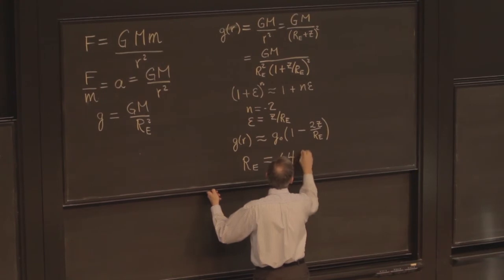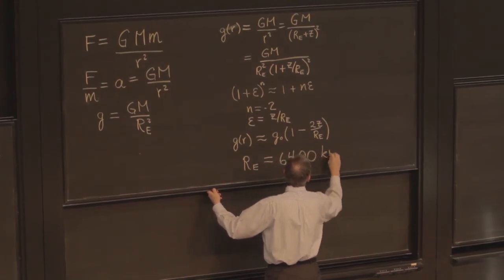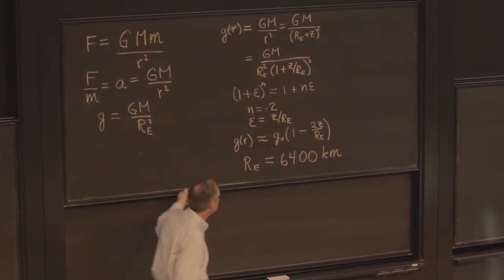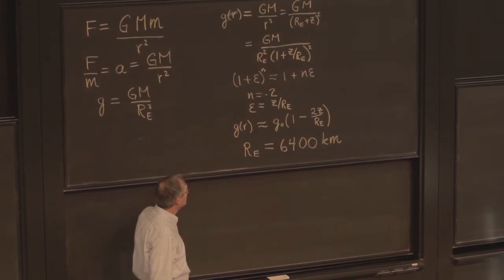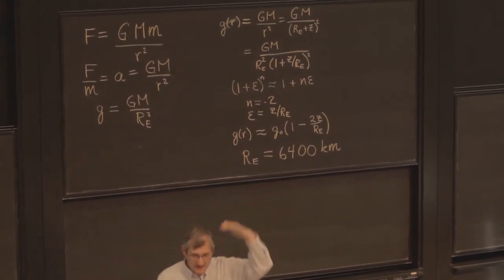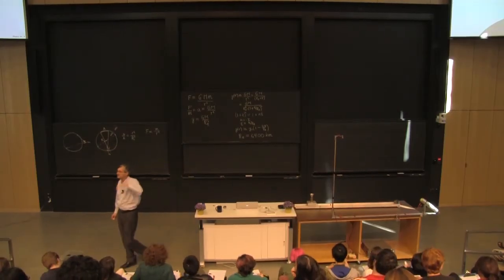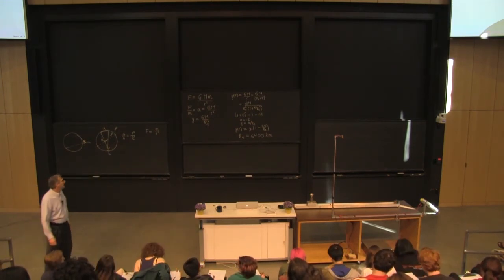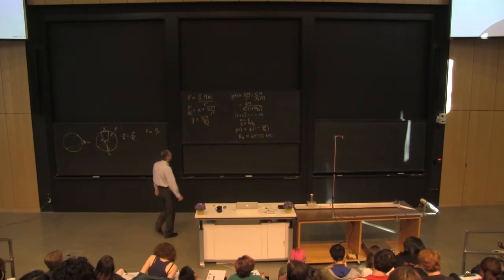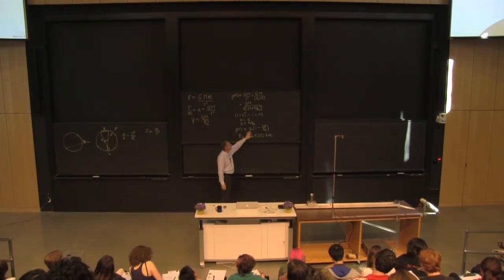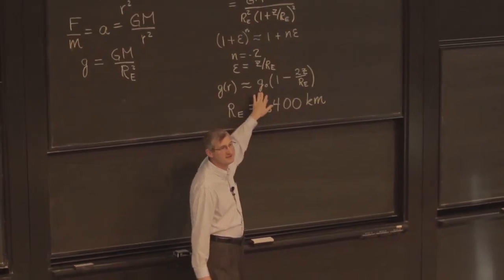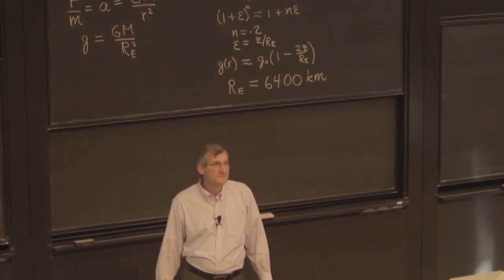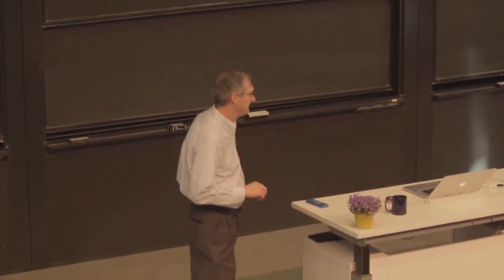I'm going to go for 6,400 kilometers. Okay, so if we're moving around only a few kilometers, right, Everest is a few kilometers up, then to a rough approximation, or a pretty good approximation, we just have a single value of g. We'll see later how we want to refine that just a bit.